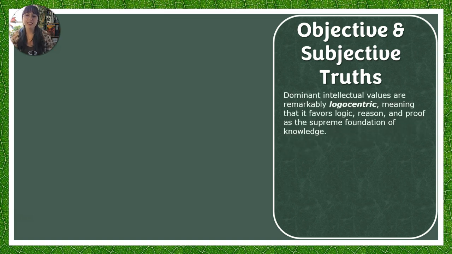Dominant intellectual values, that just means the most common, popular, elevated trends for intellectual culture, are incredibly logocentric, meaning that they tend to favor logic, reason, and proof as the supreme foundation of knowledge.